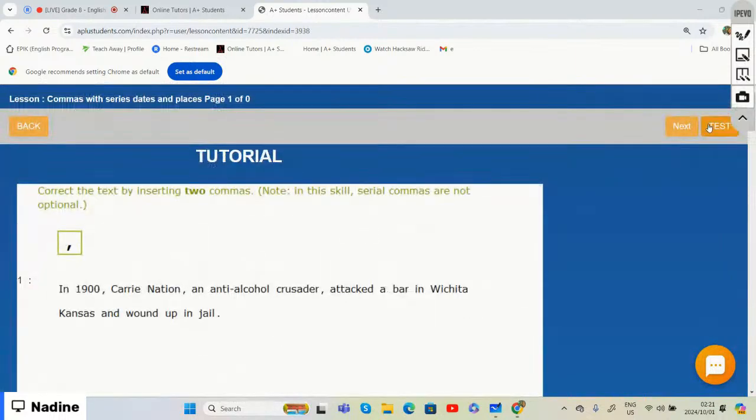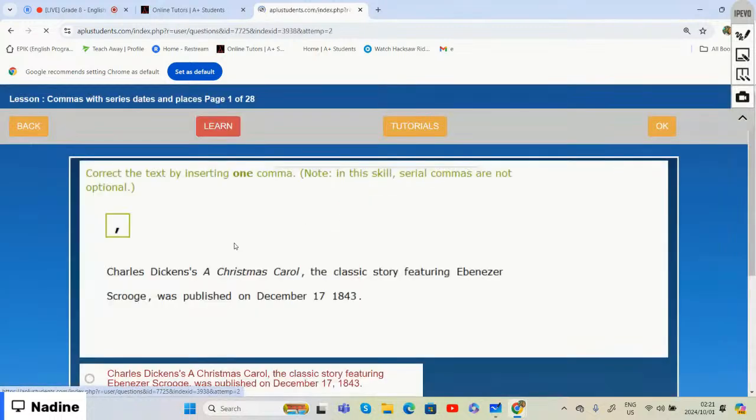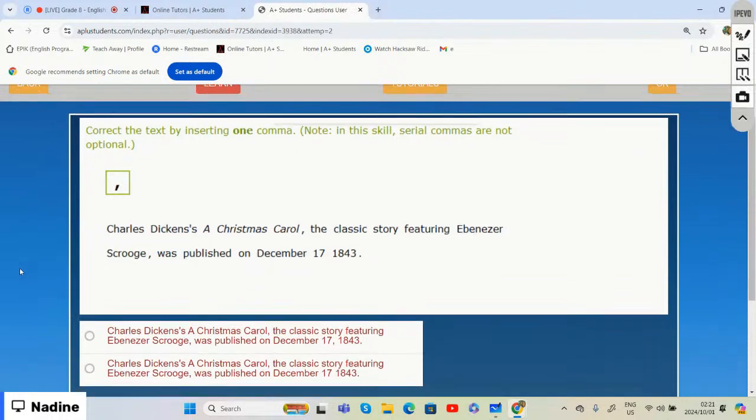All right, now let's go to our test where we're going to use commas with series, dates, and places. It says we need to correct the text by inserting one comma. It says, Charles Dickens's A Christmas Carol, the classic story featuring Ebenezer Scrooge, was published on December 17, 1843. We need to correct the text by inserting one comma.